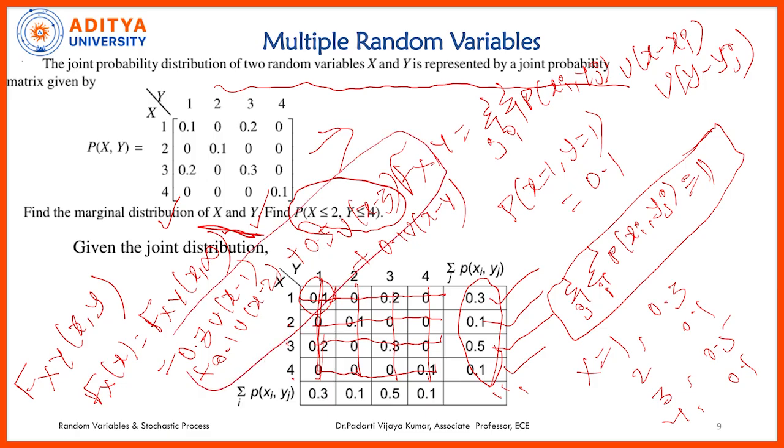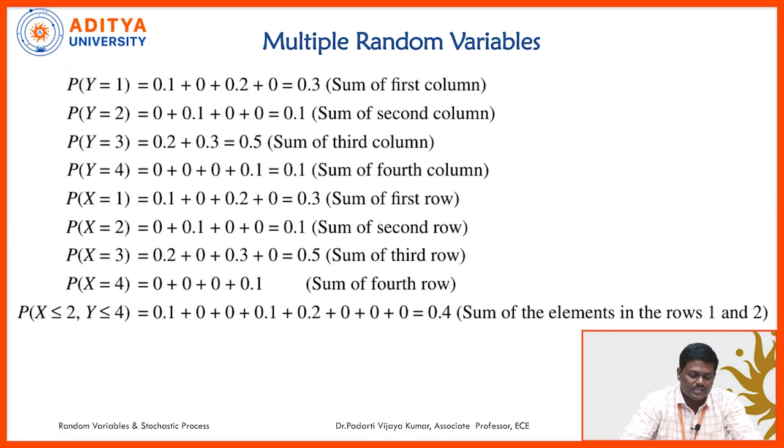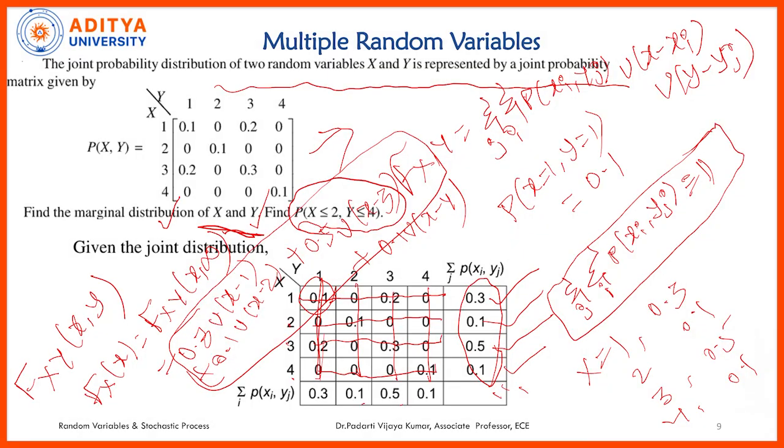Totally we will get 16 values. Summing the 16 values and identifying the same rows, we will get totally 4 values for the marginal distribution function of x. Similarly, the marginal distribution function of y will be Fy of y equal to 0.3 into u of y minus 1, 0.1 into u of y minus 2, 0.5 into u of y minus 3, 0.1 into u of y minus 4.